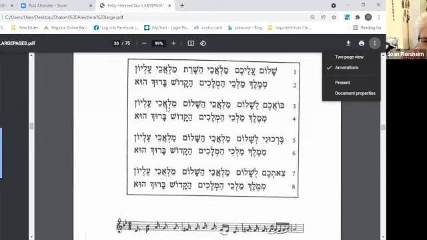Actually, it's on the cover too. So I couldn't figure out why it had two vowels. We just ignore the silent vowel.